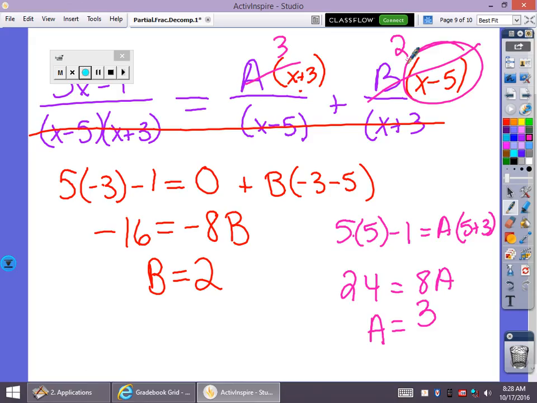You got, say it again. Okay, that's fine. B equals 3. Is the 3 with x minus 5 on your paper?